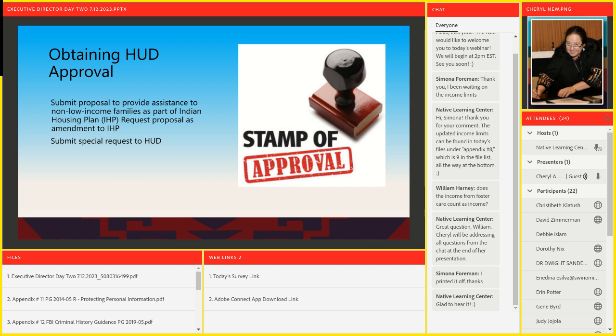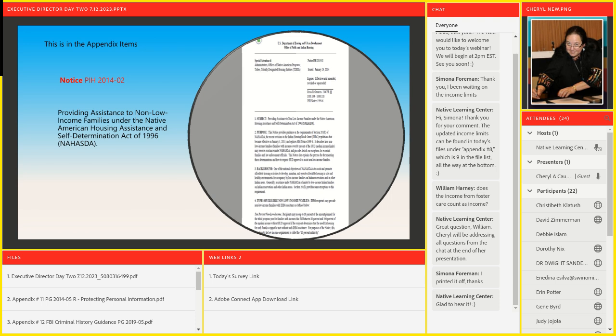To obtain HUD approval, you submit a proposal to provide assistance to your non-low-income families as part of your Indian housing plan, or you could submit a proposal as an amendment to your IHP at any time, okay? Track that threshold. If you get over that 10%, then you're going to need permission for the rest. These are in your appendix items.